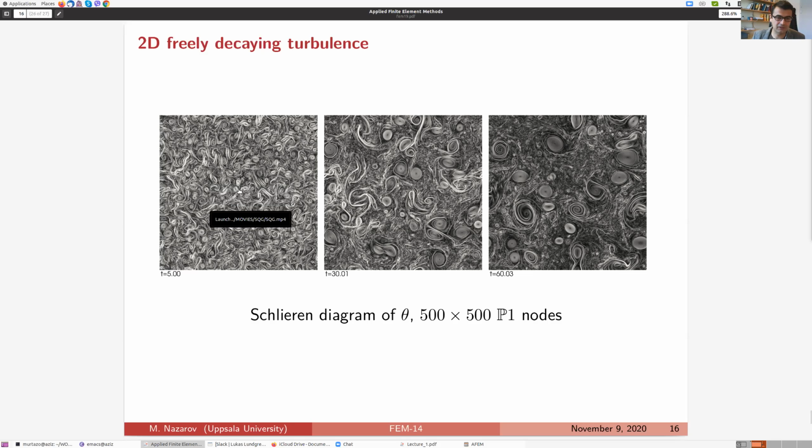Then we solve it, and in time you see these vortices. They join. When they have the same sign, they get bigger. When they have opposite sign, they dissipate. And eventually these are big vortices, which they call hurricanes. These are really huge vortices.